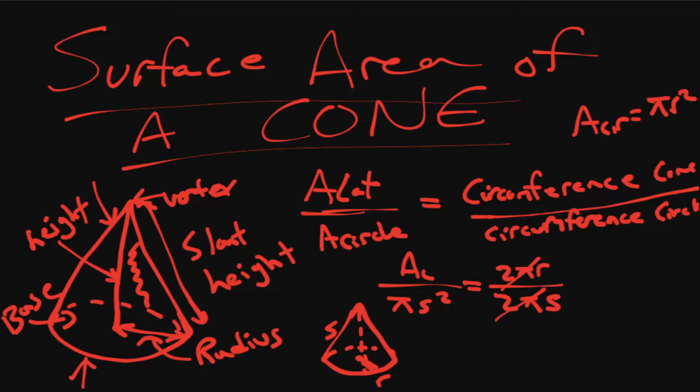And when we simplify this, we're left with r over s times pi s squared, which is pi r s.